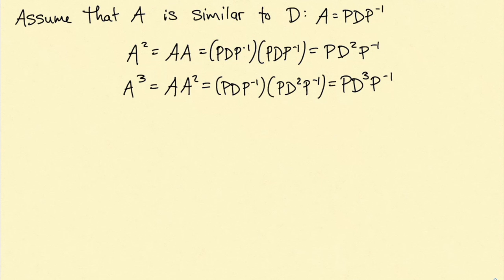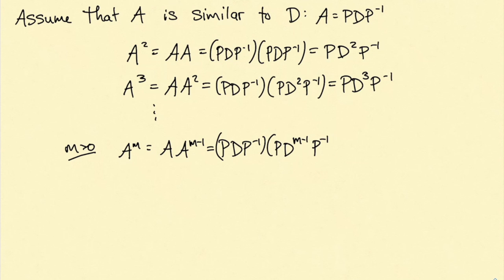Of course, if we continue in this way, if we take our favorite positive integer m, then A raised to the mth power will be A times A raised to the m minus 1 power. We can replace A with P D P inverse, and we can replace A to the m minus 1 with P times D to the m minus 1 power times P inverse.